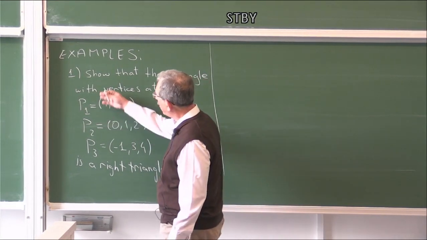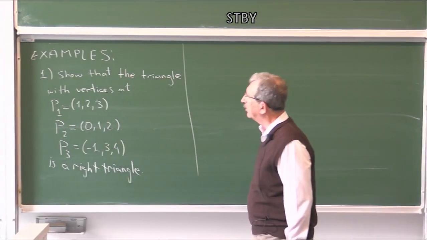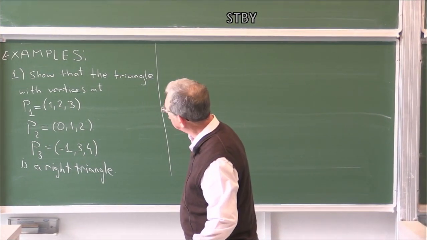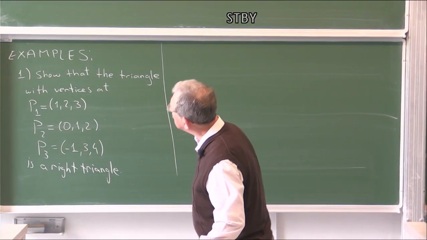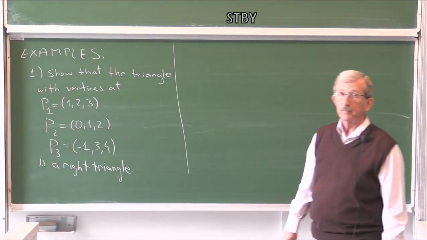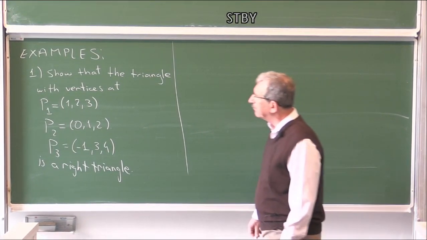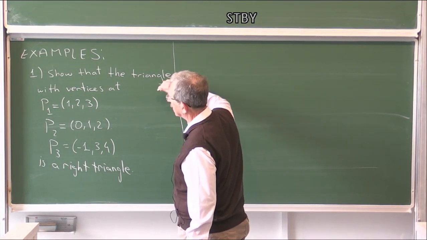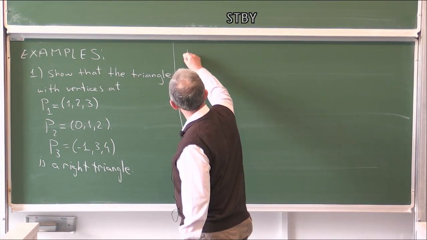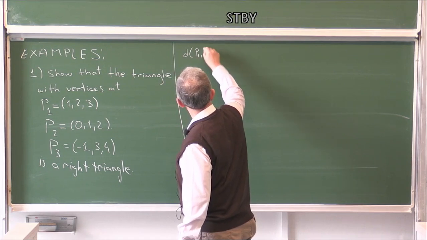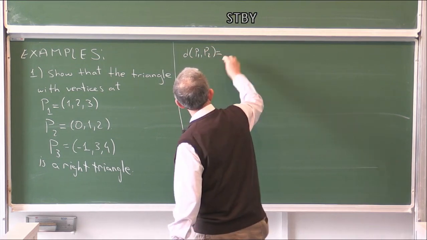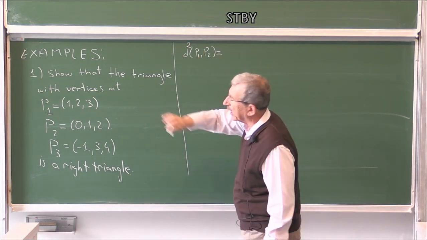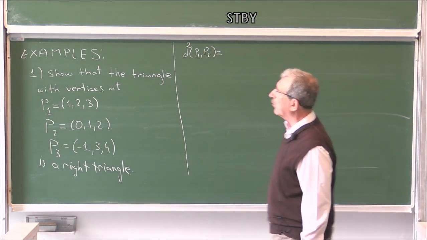or that it obeys the Pythagorean theorem. Well, these are points in space. We don't have to show them directly, but we have to calculate the distances between them. So the distance between P1 and P2, let me take the squares so that I don't have to use the square root.